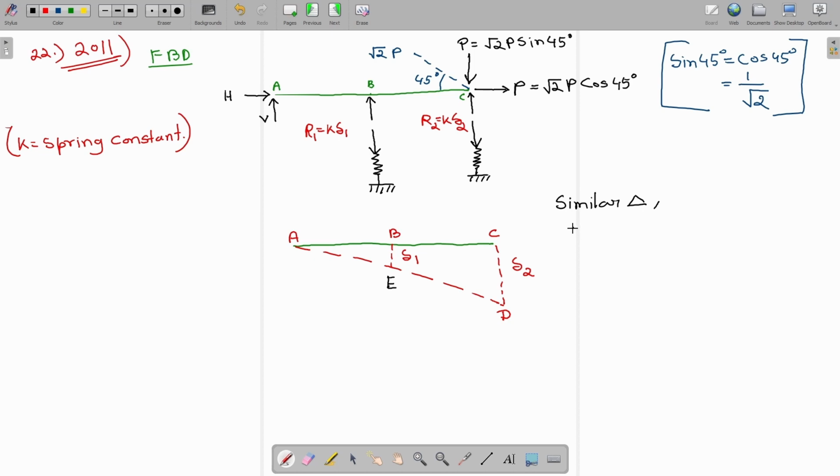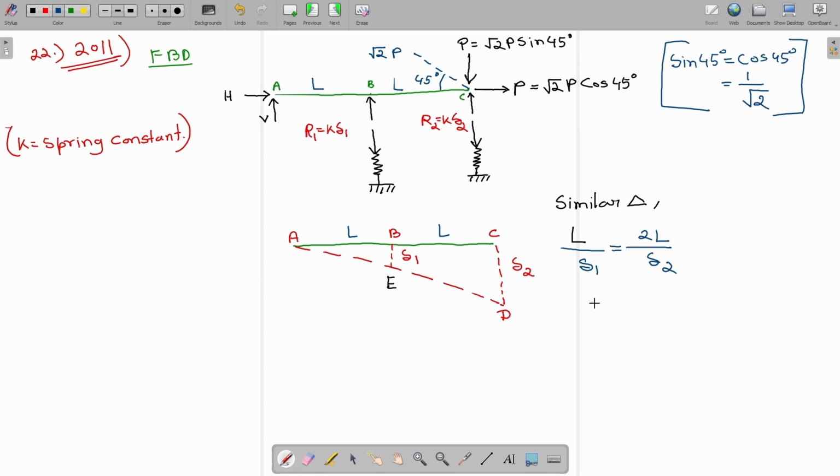I forgot to mention here that the length of portion AB is L, and for this part it is also L. Therefore, this is L, this is also L. So we can write L upon delta 1 is equal to 2L upon delta 2.